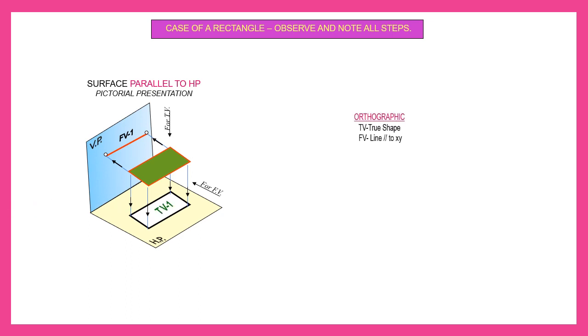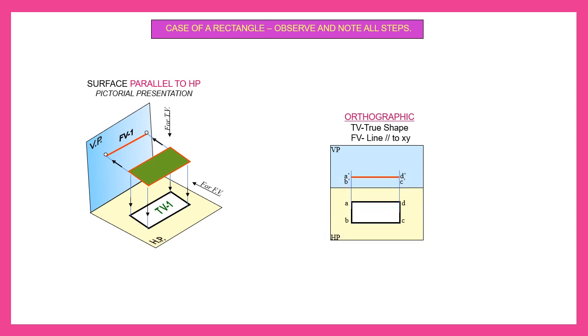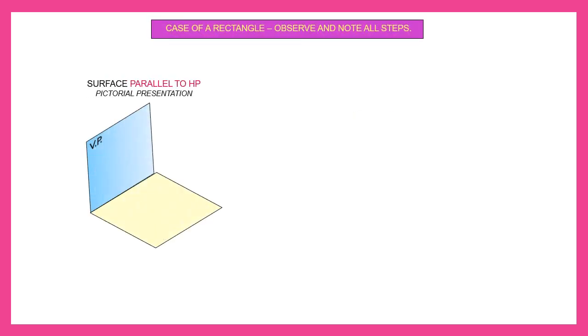So in your front view you can see the line and in your top view you can see a rectangle. First we need to draw the rectangle and then we will obtain the line which is in the front view.